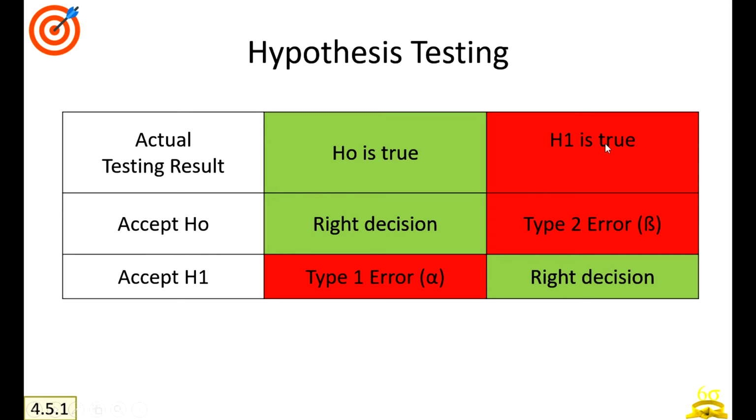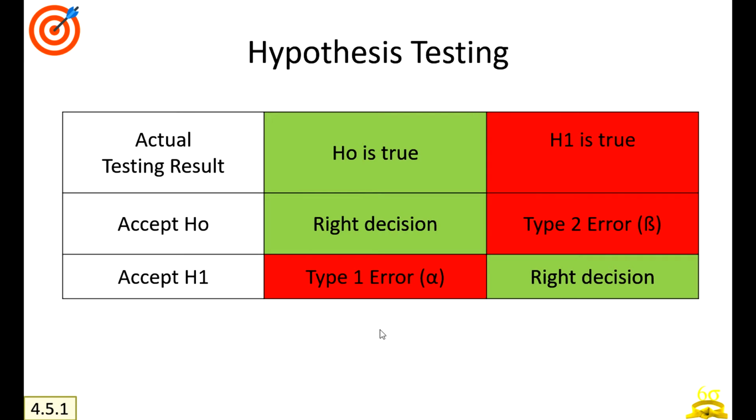But the problem comes when we accept the null hypothesis when H1 is actually true, right? That's a type 2 error. We call it type 2 error or beta error. Accepting H1 when H0 is true, that is, the null hypothesis is true, is a type 1 error, right? That is alpha. We call it alpha error.